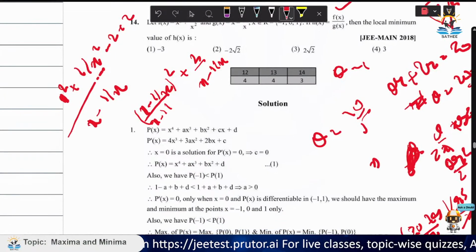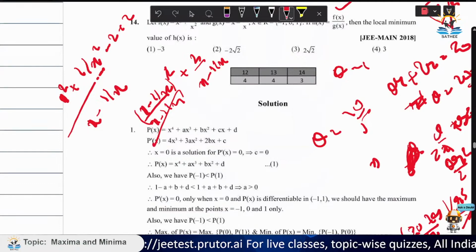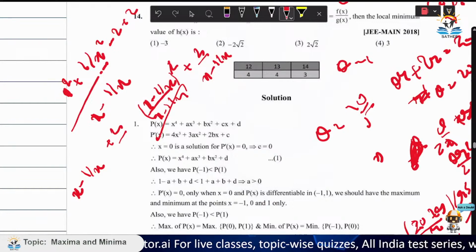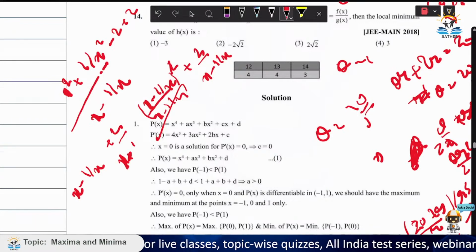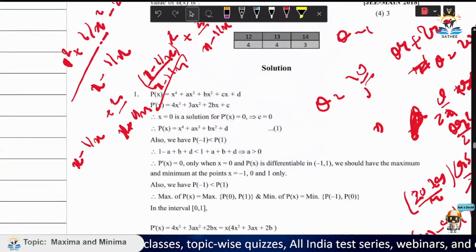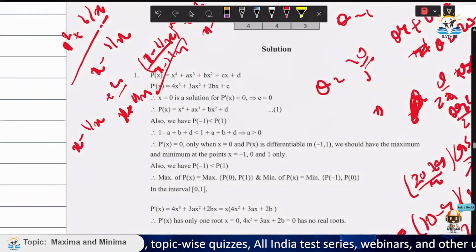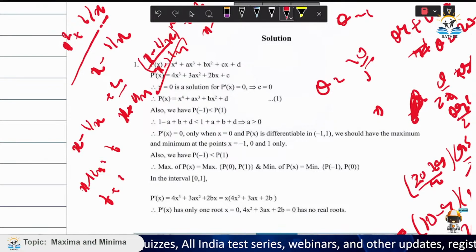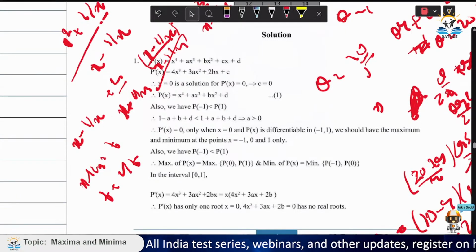And again, x minus 1 by x here. So we cancel this out and we have x minus 1 by x plus 2 upon x minus 1 by x. So let x minus 1 by x is equals to t. So what we are left with, t plus 2 by t.